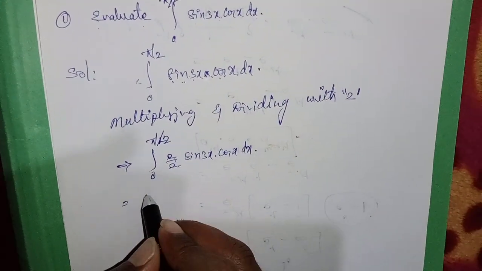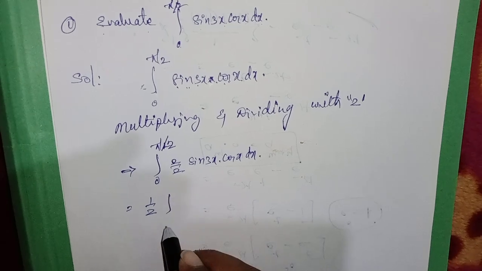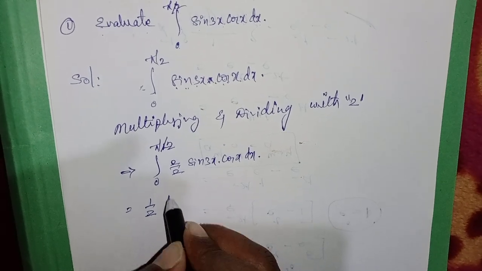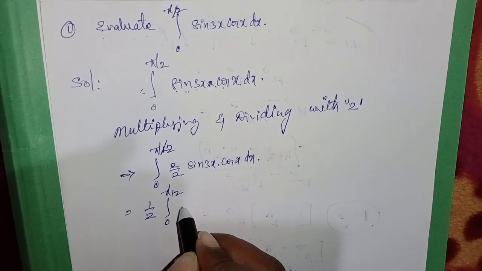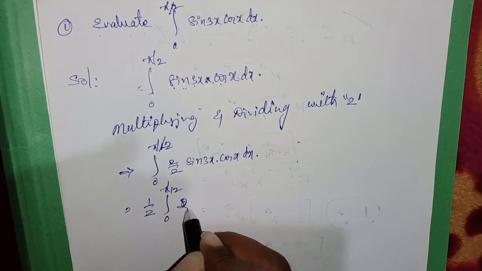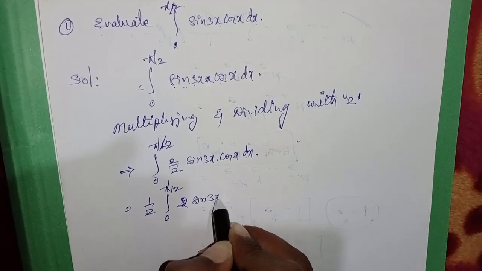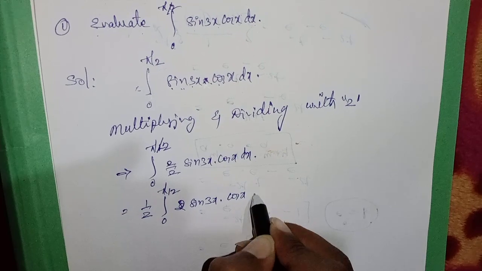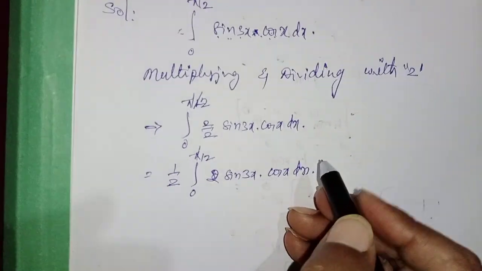See here, taking 1 by 2 common, so 1 by 2 into integral 0 to pi by 2 of 2 into sine 3x into cos x dx.